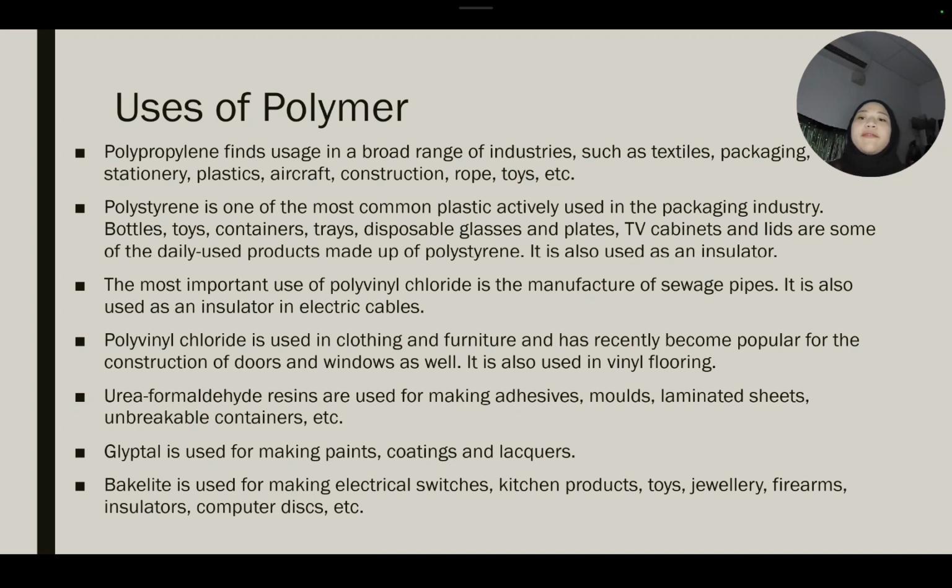The use of polymer. Polypropylene finds usage in a broad range of industries such as textile, packaging, stationery, plastic, aircraft, construction, rope, toys, etc. Next, polystyrene is one of the most common plastics actively used in the packaging industry.